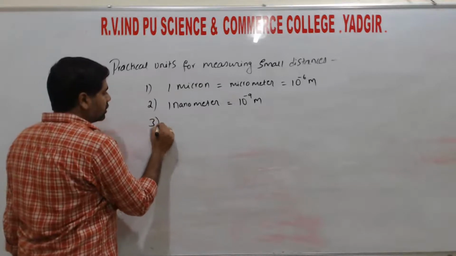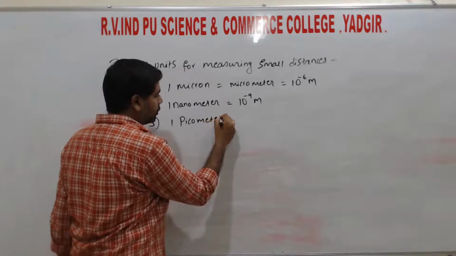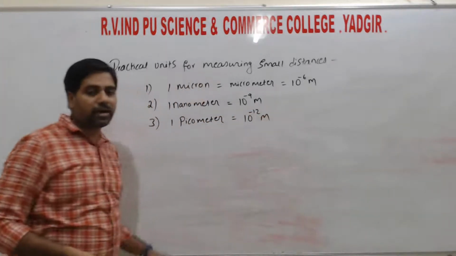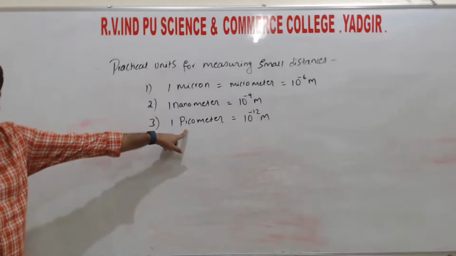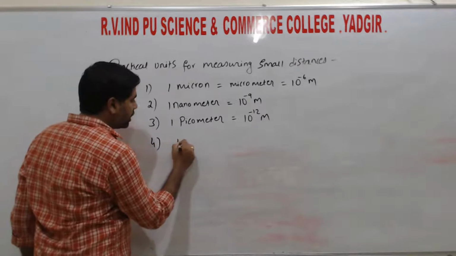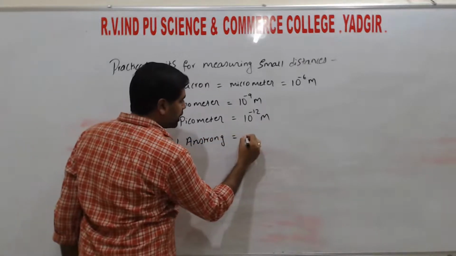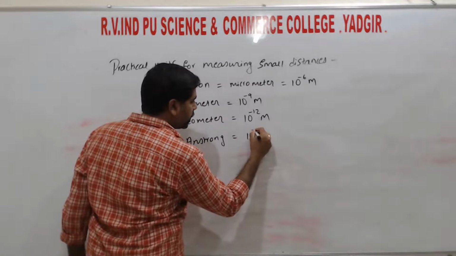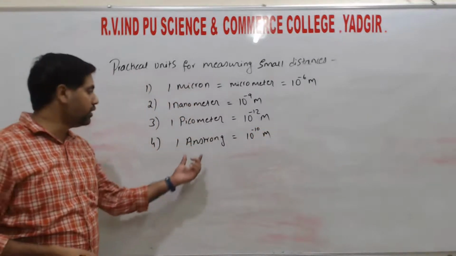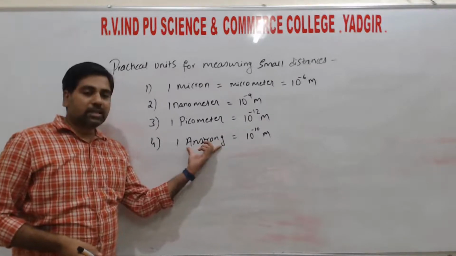Next, the third one is 1 picometer, which equals 10 to the power of minus 12 meter. So the value of pico is 10 to the power of minus 12. Next, the fourth one is 1 angstrom, which equals 10 to the power of minus 10 meter. To measure wavelength, we use the angstrom.